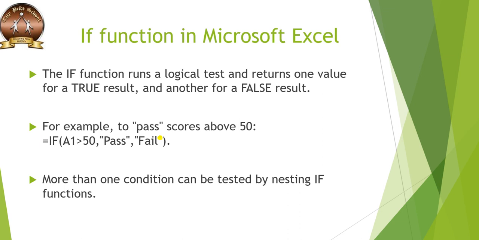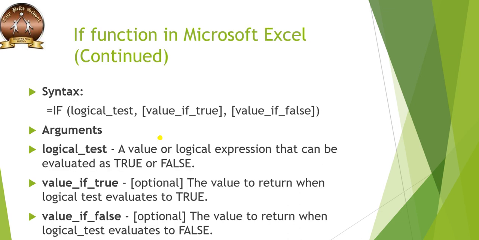Also, more than one condition can be tested by nesting IF functions. Okay. Now we will understand what we have written, like what to write in the IF function. The syntax means the way of writing the function. So you have to write equal to IF, then you have to write the logical test first. So what is the condition to find out the result?